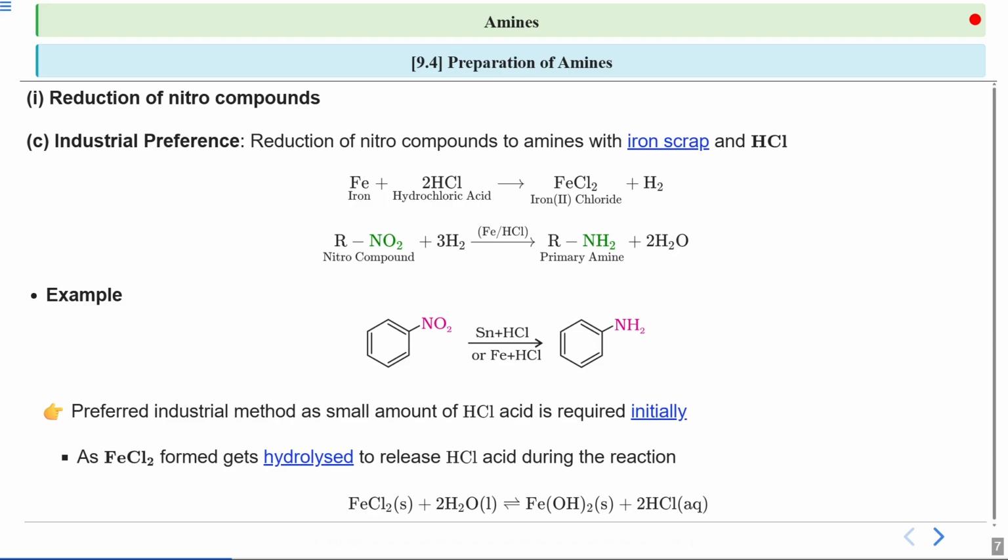This means as the reaction continues, hydrochloric acid is being regenerated. This keeps the process going efficiently. So this clever method of recycling reagents is the key reason for the industrial preference of this method. I hope it is clear now.